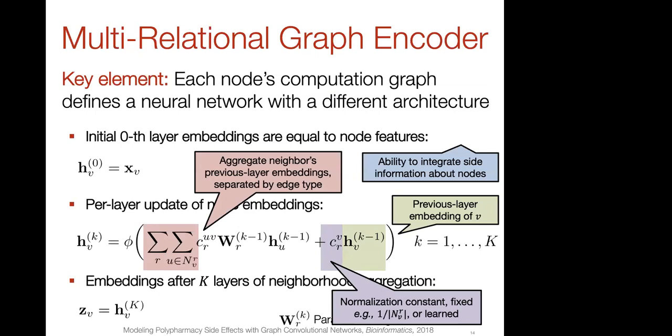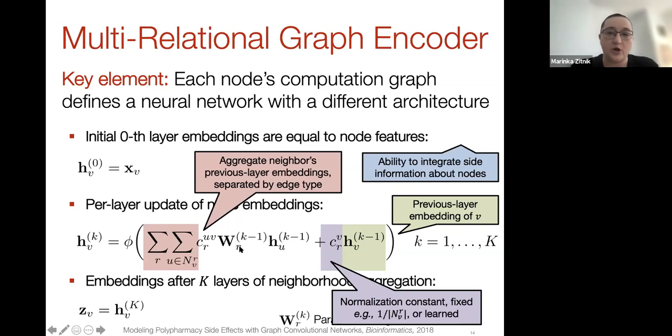No, not at all, and that's a great comment, because if you look at this particular equation, you can see that this trainable matrix W is shared across all nodes. So all nodes use the same W matrix at a given layer, at a given edge type.